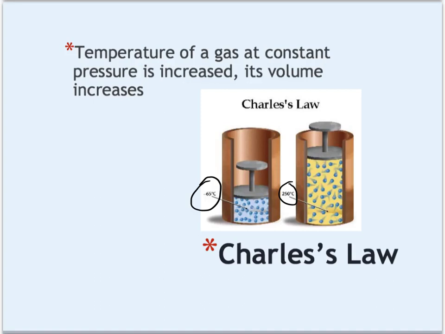So the same amount of force pushing down is the same. Its volume increases as its temperature increases. So as temperature rises, the amount of volume, the amount of space that they're taking up, increases.